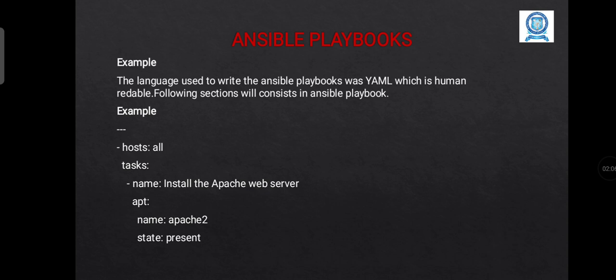So this installation will be executed on all the connected hosts. And also we can mention the name of the particular web server and the current state of the remote host, etc. So all these configurations can be written in the form of a playbook.